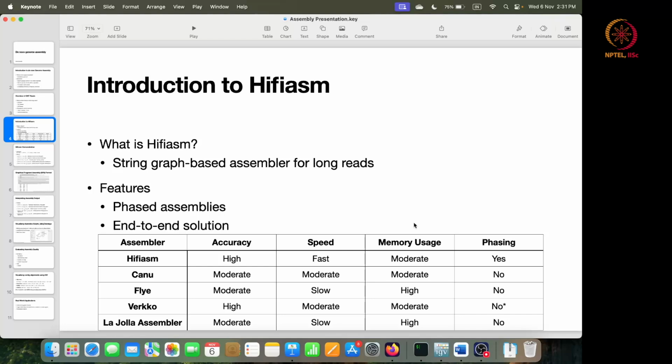Hifiasm is a string graph based assembler for long read sequencing data.